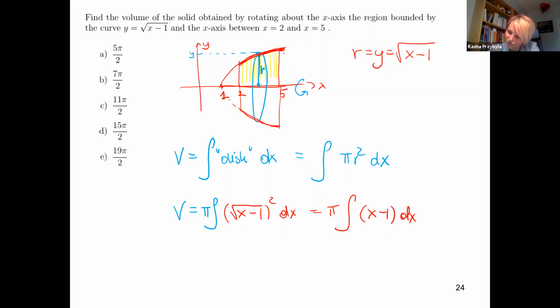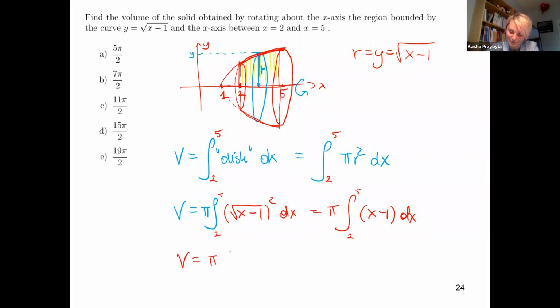I shouldn't go further than 5. That means this will be the solid, just from 2 to 5. We can see from 2 to 5. Okay, that means in this time, your instructor is asking you to evaluate this.